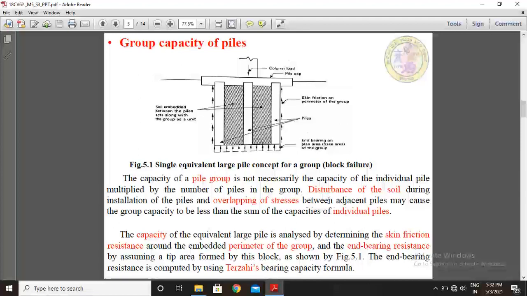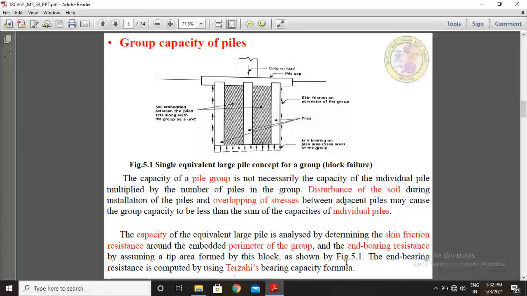Disturbance of the soil during installation of the piles and overlapping of stresses between adjacent piles may cause the group capacity to be less than the sum of the capacity of individual piles. The capacity of the equivalent large pile is analyzed by determining the skin friction resistance around the embedded perimeter of the group and the end bearing resistance by assuming a tip area formed by this block, as shown in figure 5.1 above.